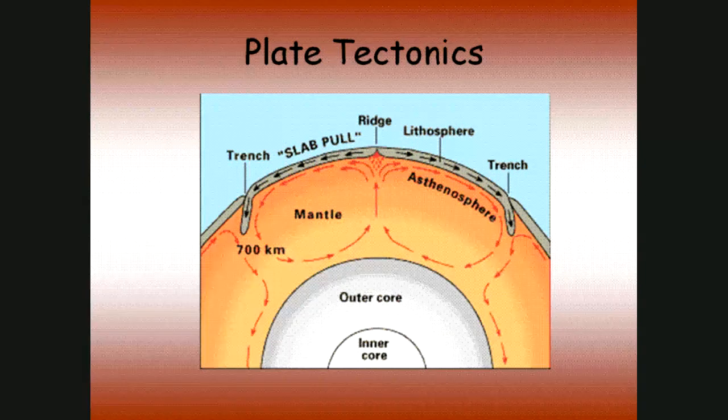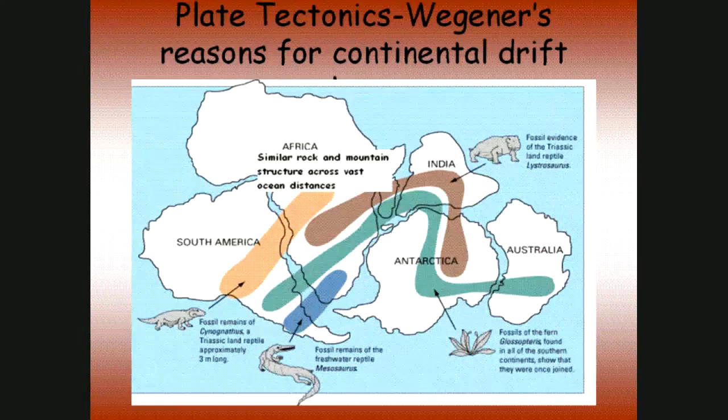But between that ridge push and slab pull, it's moving these continents apart, exactly like Alfred Wegener had stated. We now have a mechanism, and we now have a new concept. We have a concept called plate tectonics.